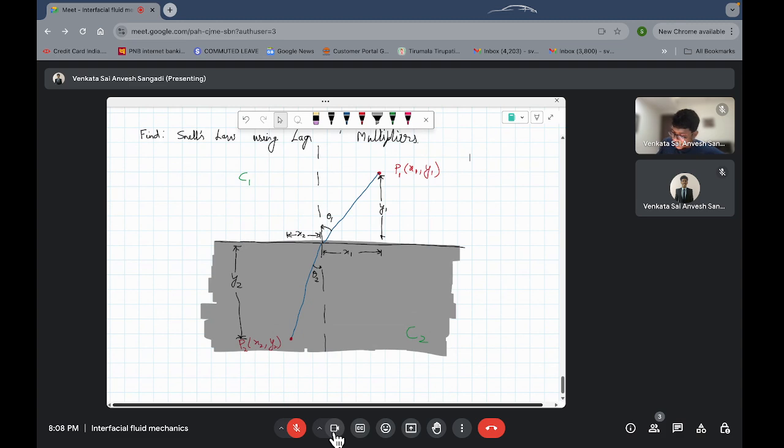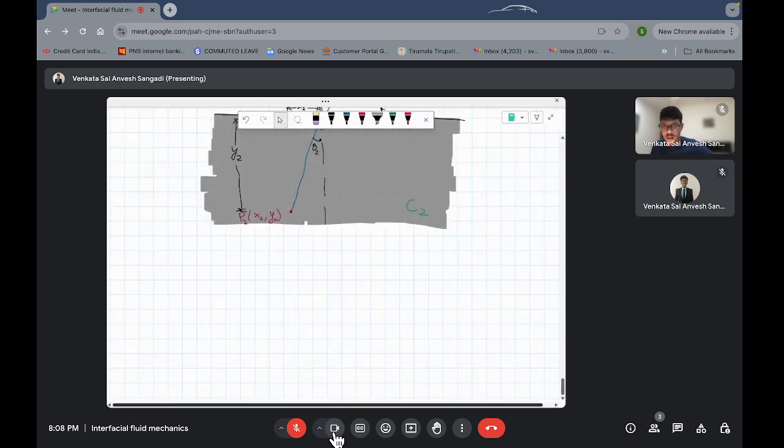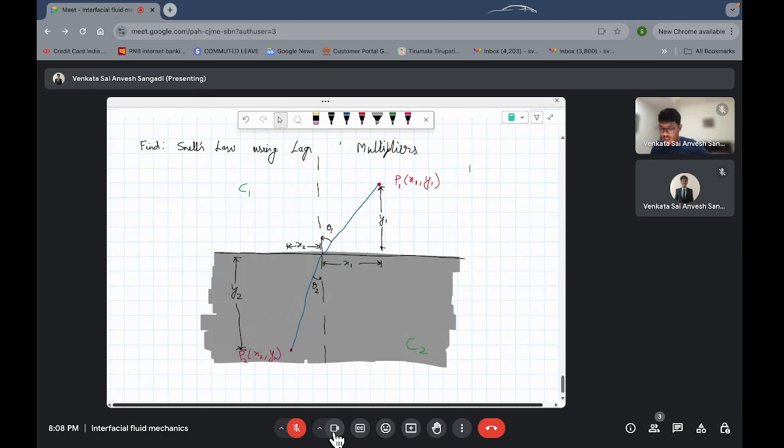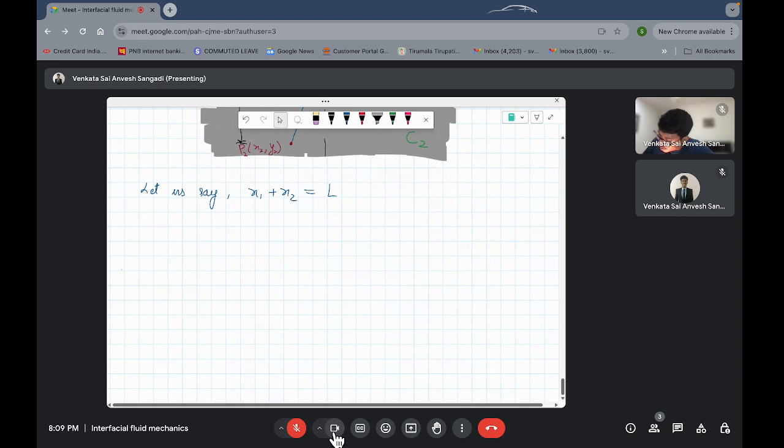So this is the figure, and let's say x1 plus x2 is fixed and constant L. So we need to minimize the time taken.